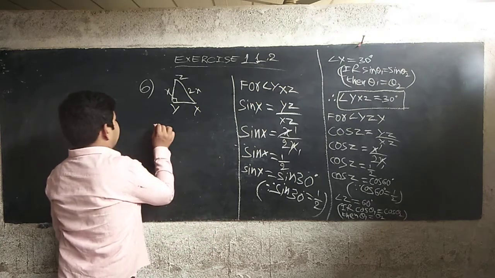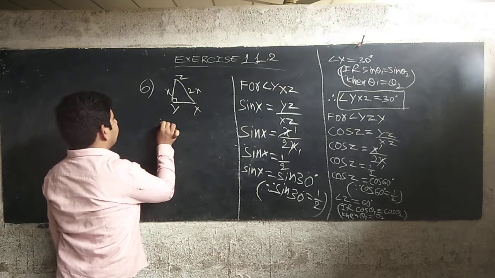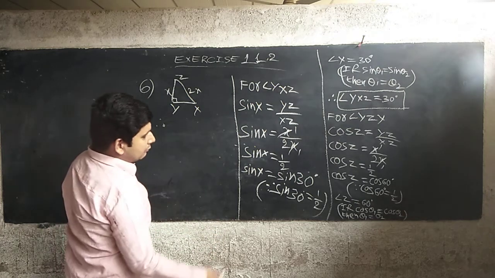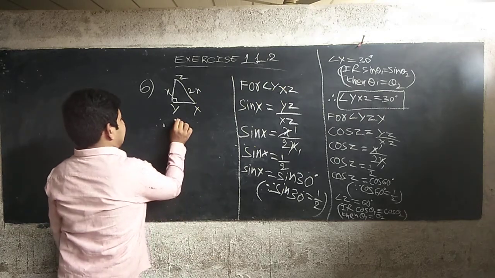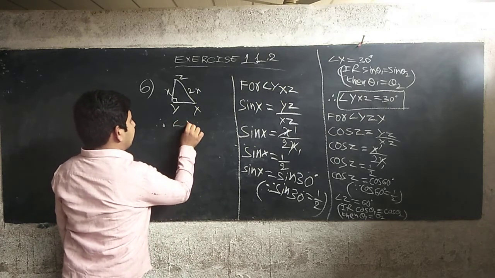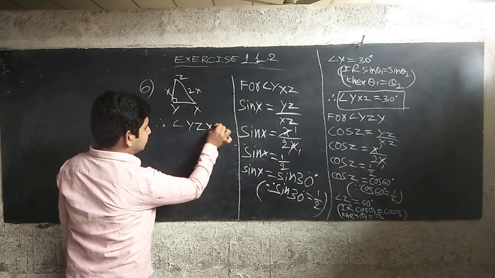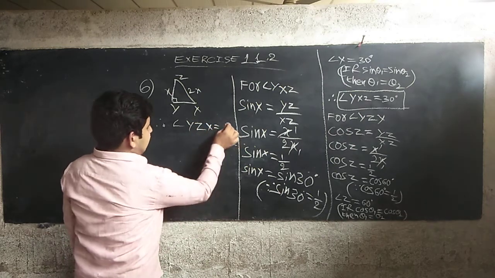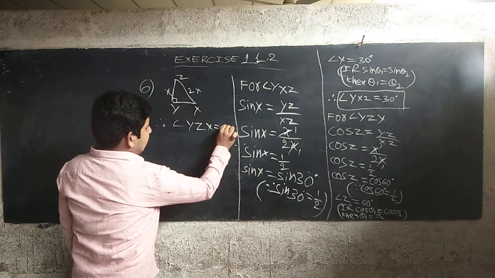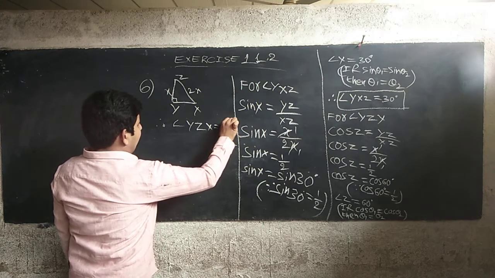So therefore angle yzx equals 60 degrees. This is the value of angle z.